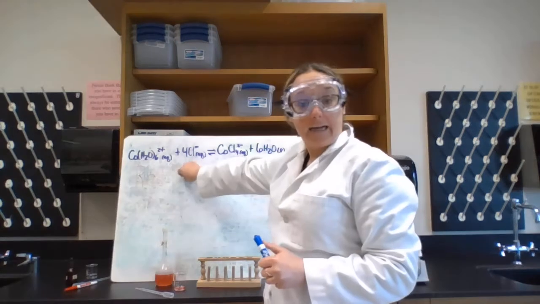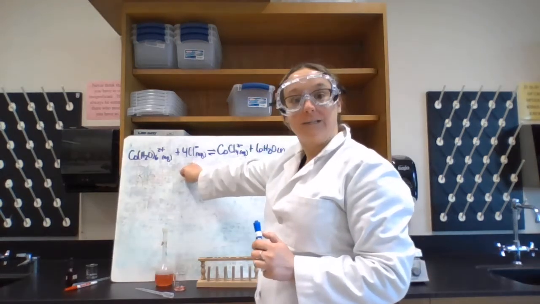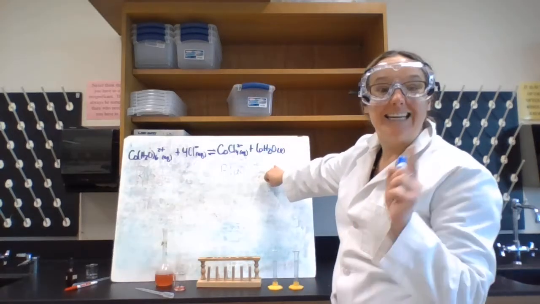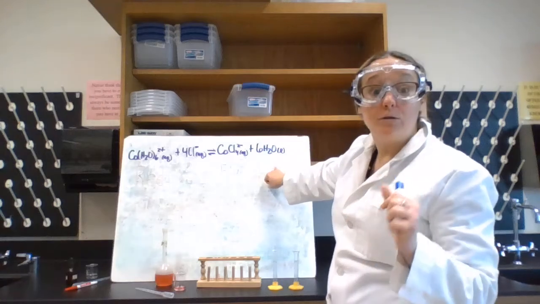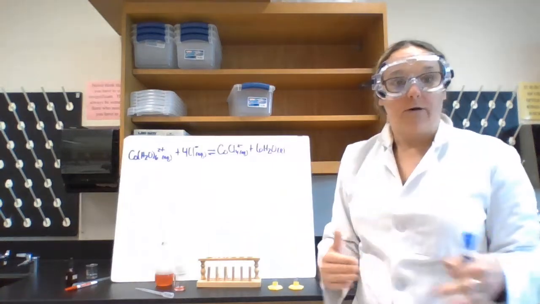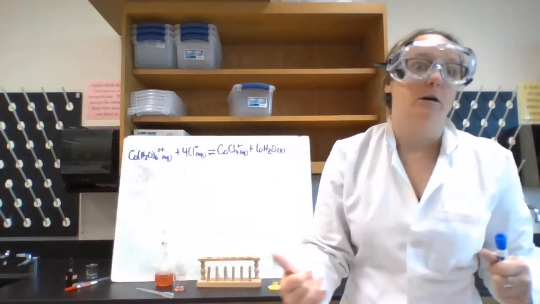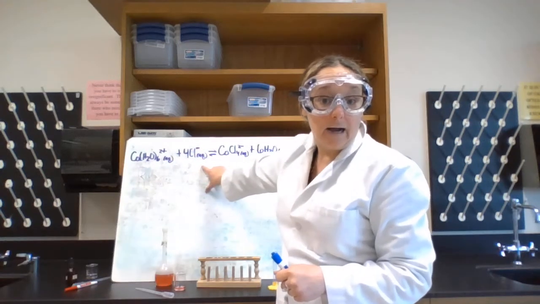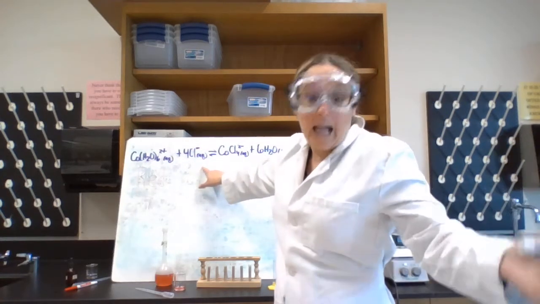So I added chloride ions, and what did I see? A shift to the right in order to use that chloride up. The goal is to go back to where we started, right? Where did I start? I want to go back to where I started. So if I have too much chloride ion, I have to get rid of it.